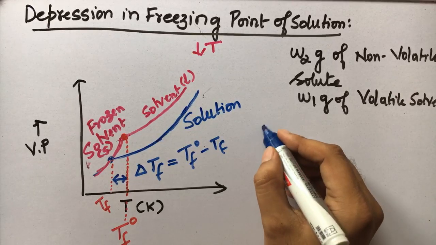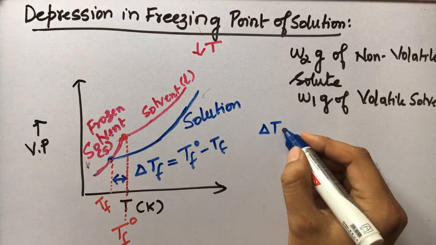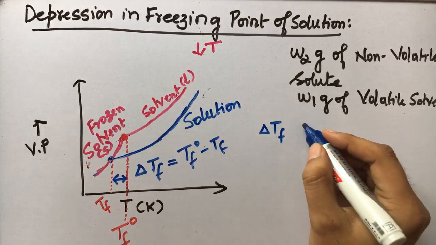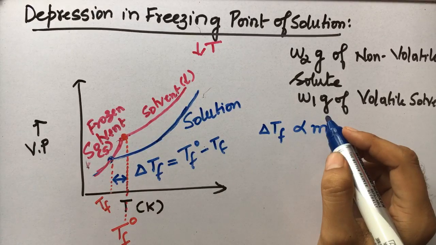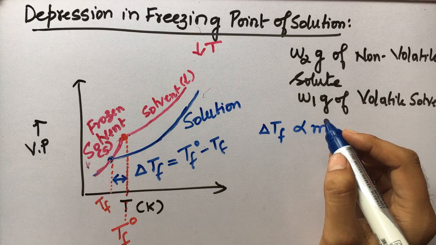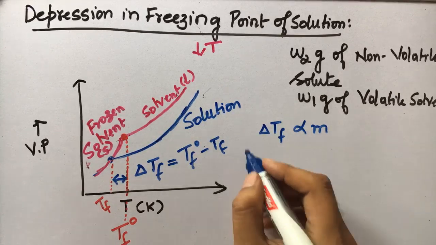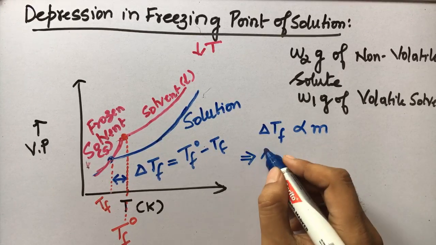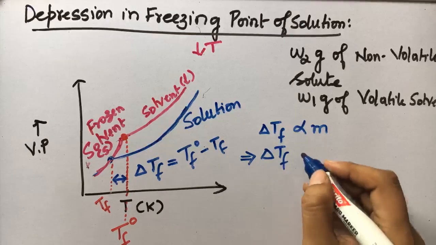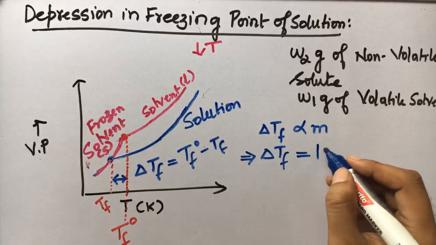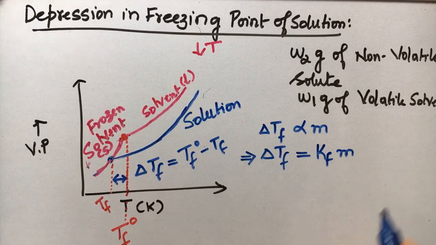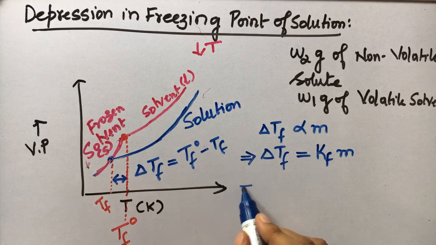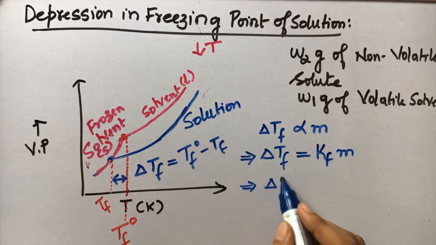As we have seen in the previous case, delta TB is directly proportional to m. Here we say that delta TF is directly proportional to m, which implies delta TF equals some constant, Kf, into m, where m is the molality. Now we can substitute as we have done in the previous case.